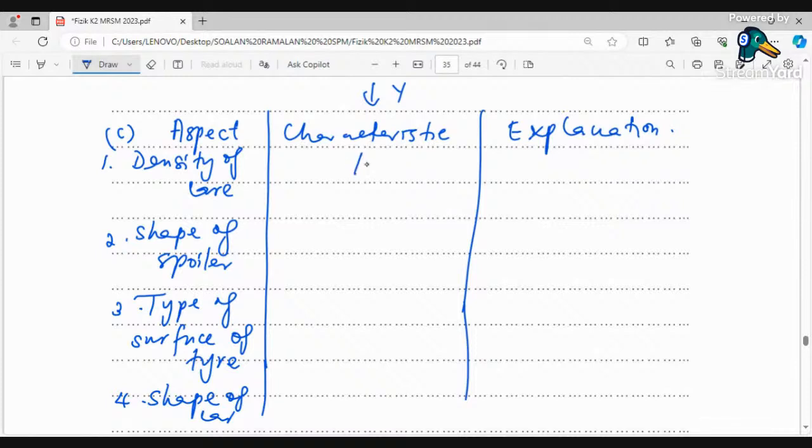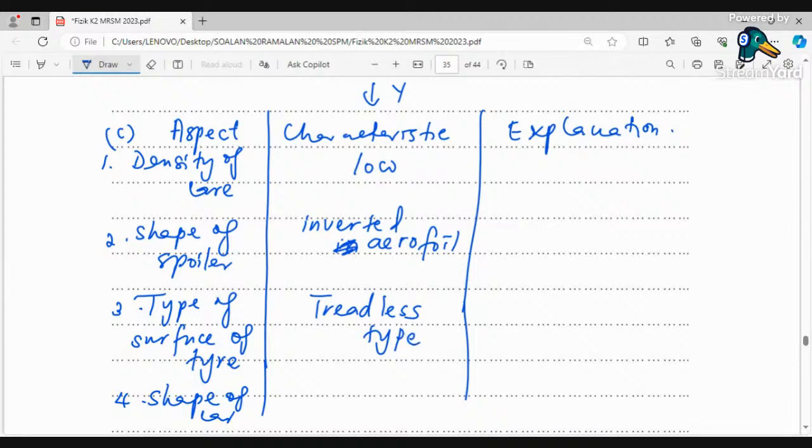Density of car is low. Shape of aerofoil salin juga inverted aerofoil. Okay, type of surface ialah treadless tire. Shape of car ialah aerodynamic.